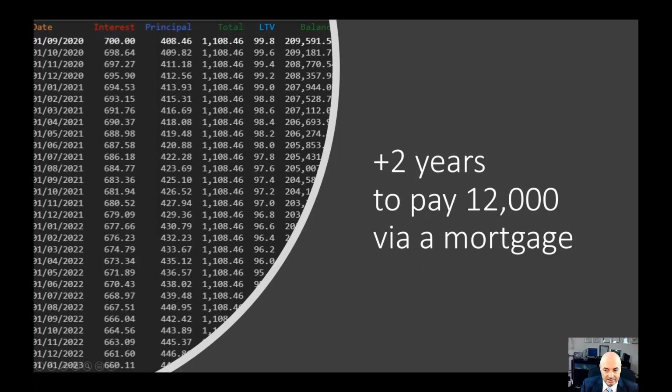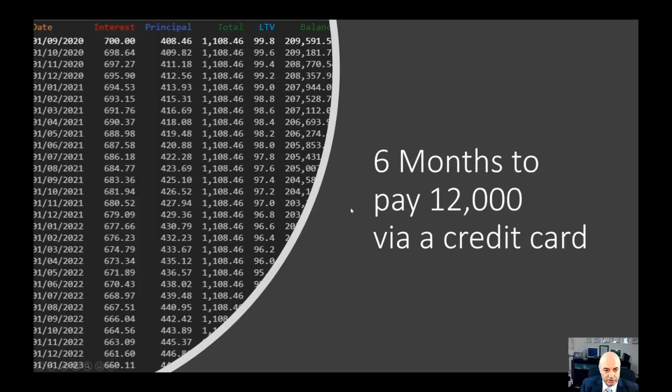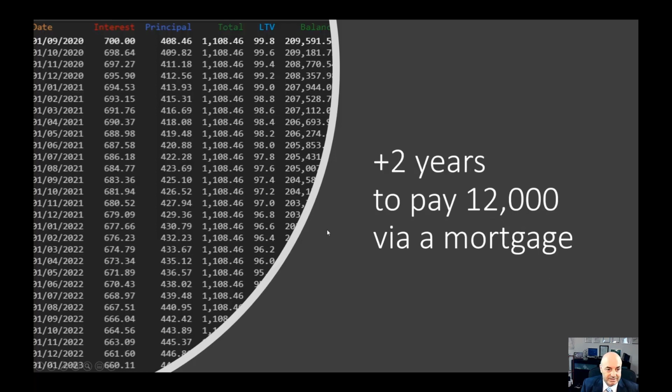2 years. And I've just showed you in 6 months you can do it with a credit card or a line of credit. These numbers didn't change, it's just that you've reduced your principal because you've lowered your balance by 12,000. So think about that. It takes 6 months on a credit card to clear a 12,000 balance and live off it, whereas the traditional way, it takes 2 years.